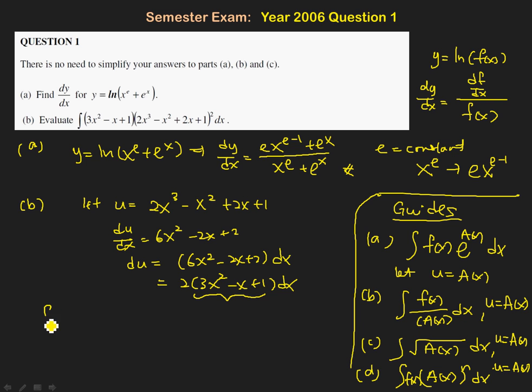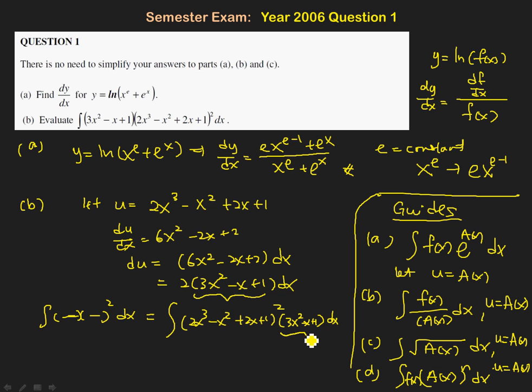So the original problem, I must write something here, I'm just being lazy. Now we're going to substitute this. I'll write one more step to make it clear to you: (2x^3 - x^2 + 2x + 1)^2 (3x^2 - x + 1) dx.